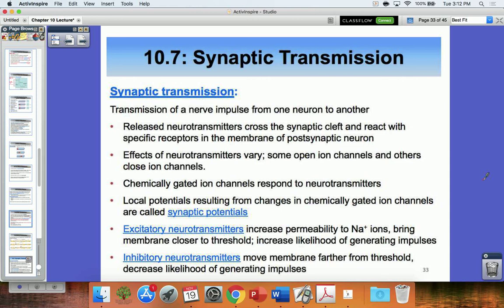And so the types of neurotransmitters that are going to be released can either excite the postsynaptic neuron or inhibit, okay?